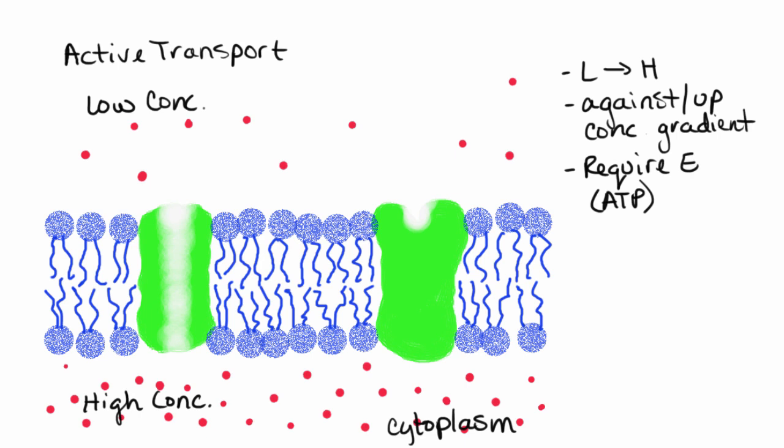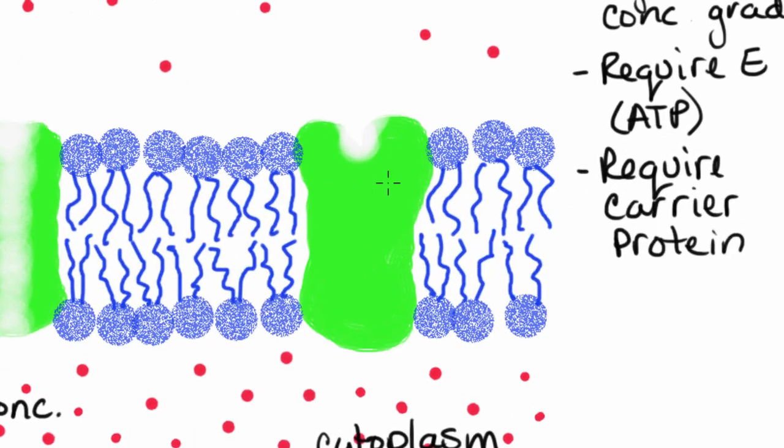When we have active transport, this is all the time going to require a carrier protein. We're not going to be able to use the channel proteins in this case, and I'll explain that in just a moment. With the carrier protein, which is my carrier protein here, one of these molecules is going to enter and bind in the active site.